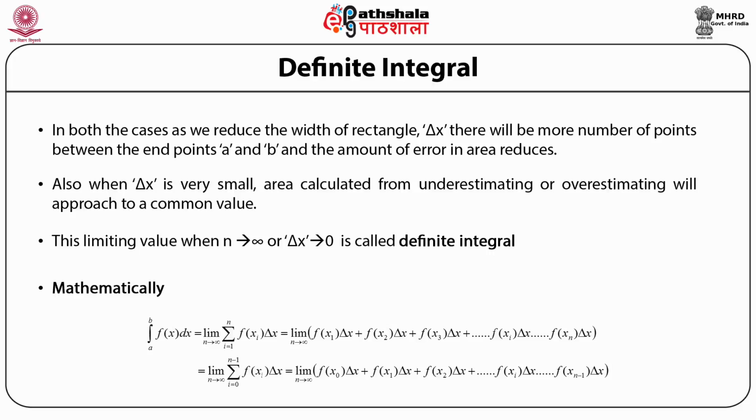Then it becomes the limit as n tends to infinity of f of x1 into del x, f of x2 into del x, f of x3 into del x, up to f of xn into del x. That can also be written from i is equal to 0, as f of x0 to f of x n minus 1 del x.